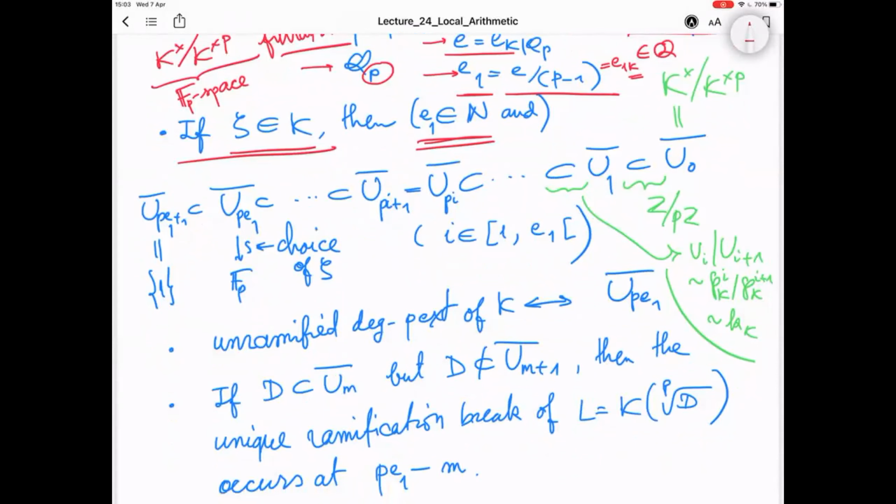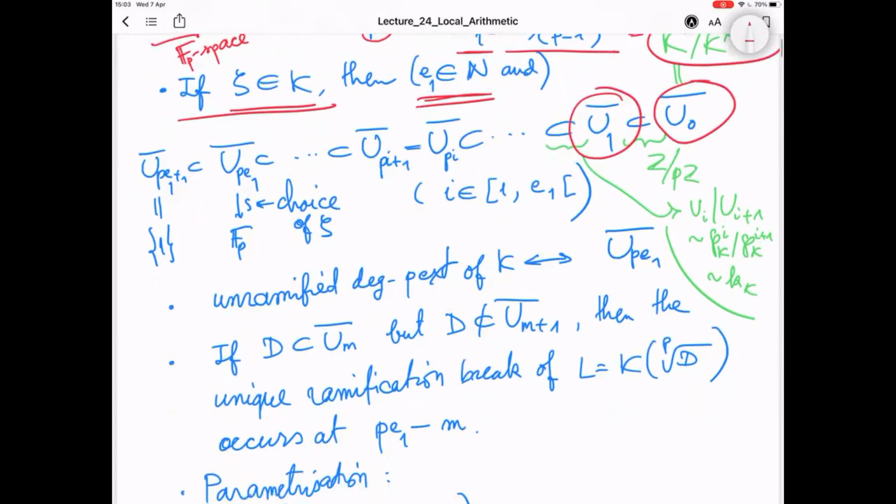And this K star modulo K star to the power p, whose structure we want to determine, let's call it U0 bar. Just another notation, because the other subgroups are going to be U1 bar and Ui bar.